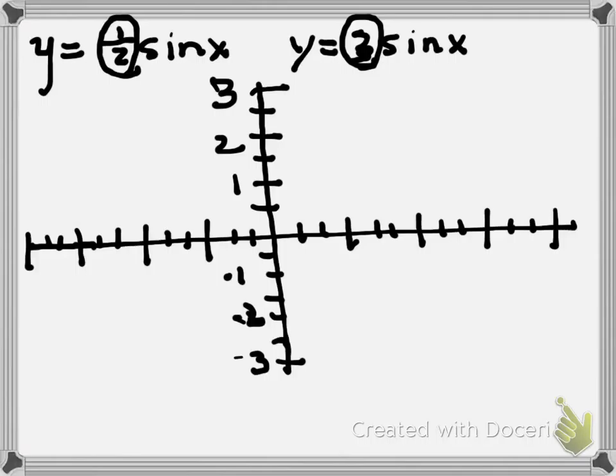So if I want to graph these two on the same axis, I'm still going to start at 0, but instead of going to 1, I'm going to go to 1/2, to 0, to negative 1/2, to 0. So it's a flatter curve than what we had here. It's flattened down. If we have y equals 3 sine x, it goes from 0 to positive 3 to 0 to negative 3 to 0.